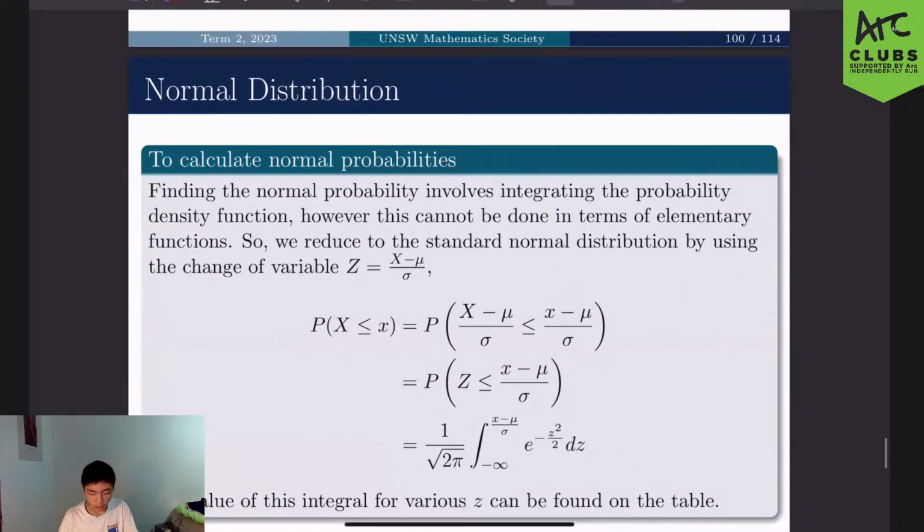If we want to find the normal probability, this is the probability of the cumulative distribution function, so up until our certain value x. What we do is we replace our x by this, right? This is our standardization process. So we can make it so that this becomes a z-score.